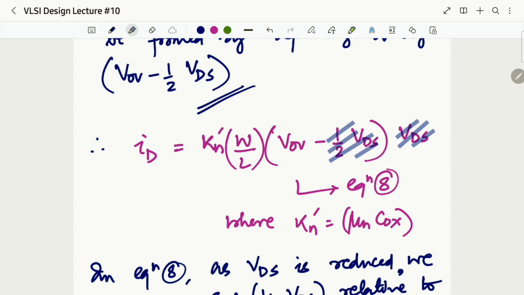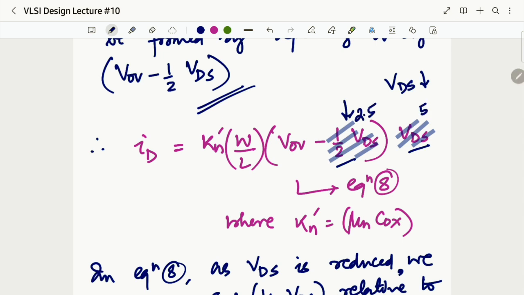So let's suppose I am decreasing VDS. If we are decreasing VDS, which term will be lower comparatively? This will be lower or this will be lower? Of course this will be lower. Half of what? Let's suppose from 10 volts of VDS I am making it 5 volts. So already I have halved it. So this one will be 5, this one will be 2.5.